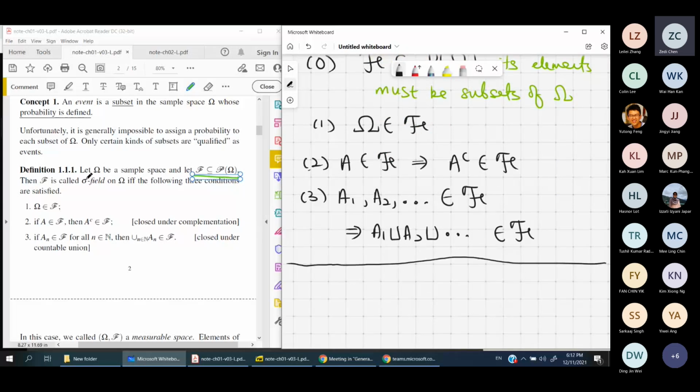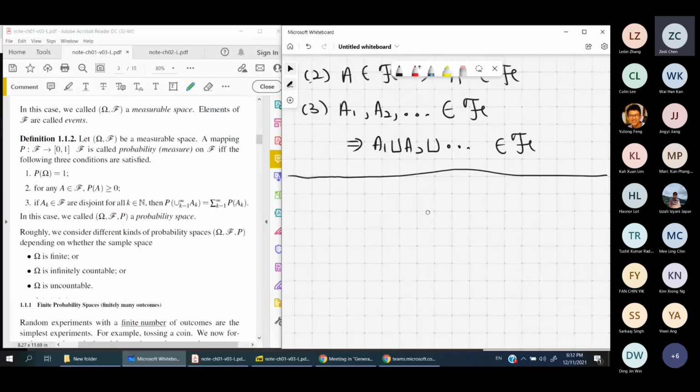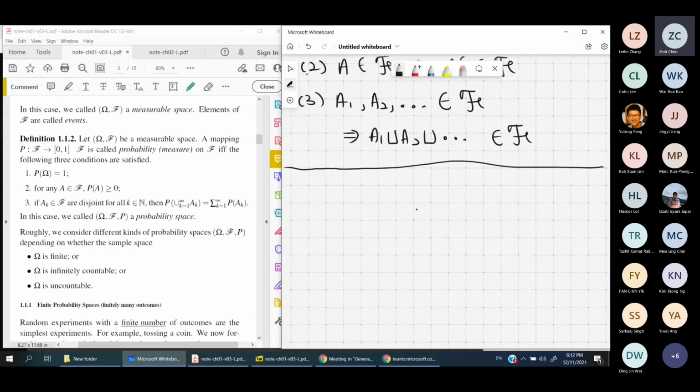For the next one, this will be the definition for our probability measure. Definition 1.1.2. Again, first of all, P must be a function on F. First of all, 0: P must be defined on something.